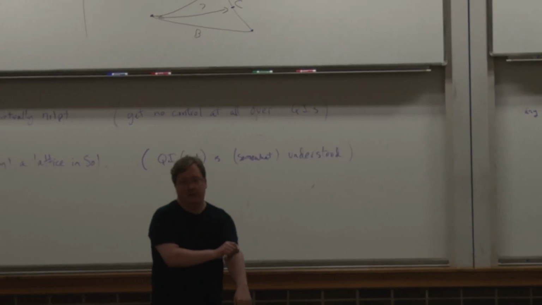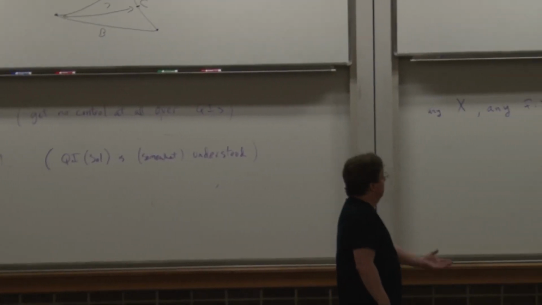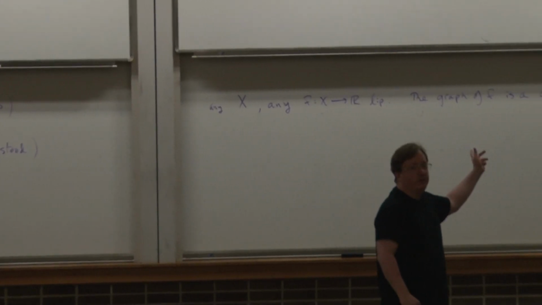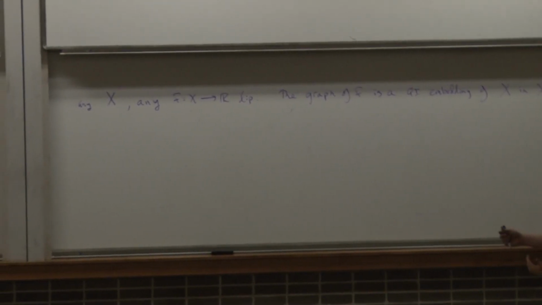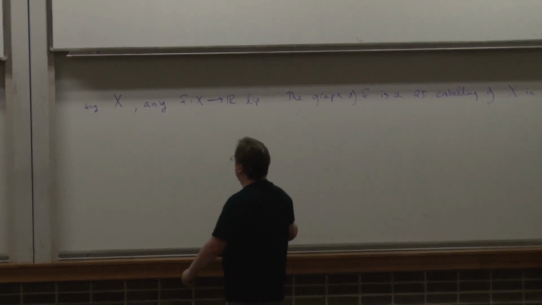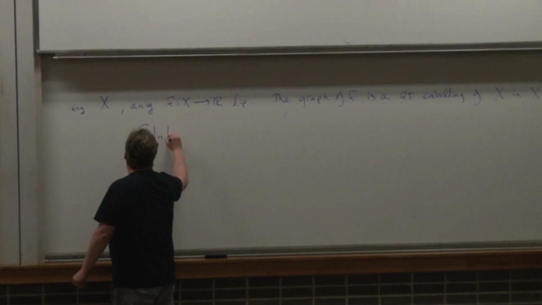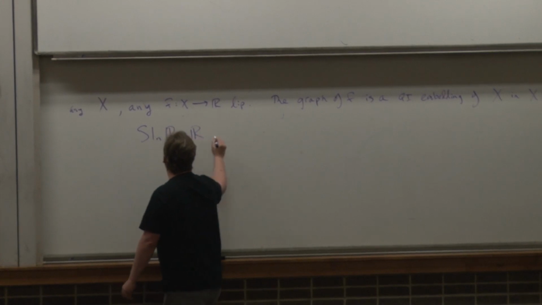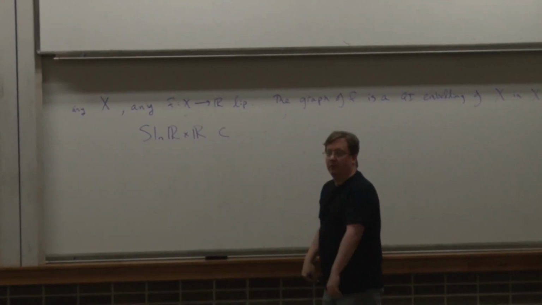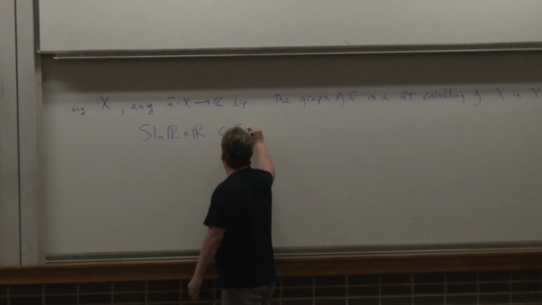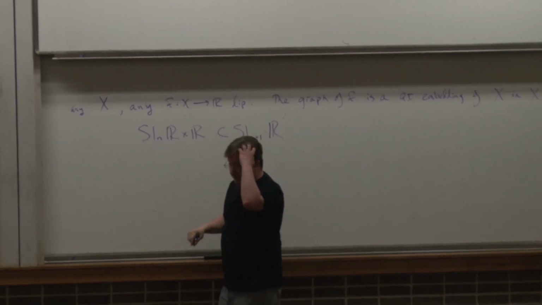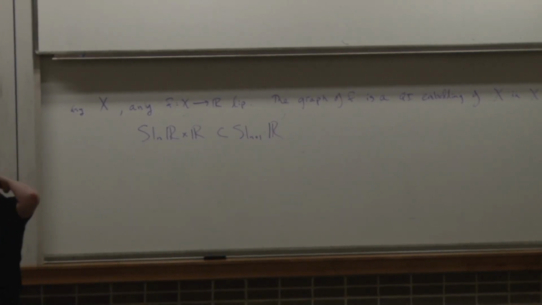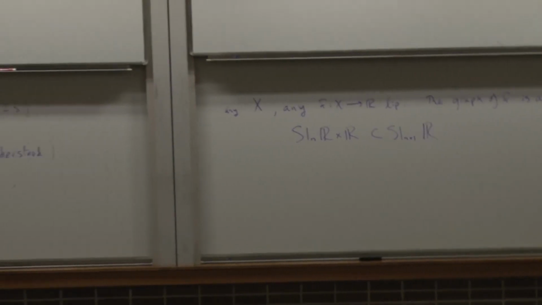Unfortunately, while we can't do weird things like this inside individual symmetric spaces, from one symmetric space to another we often can, because there's often a lot of room. So for example, SLnR cross R sits as a totally geodesic subspace of SL(n+1)R.